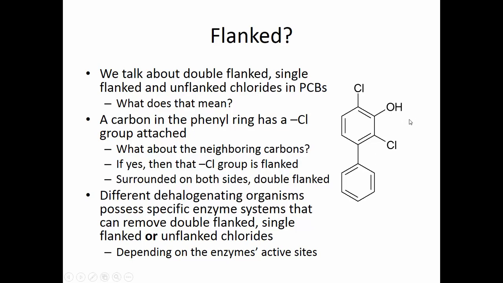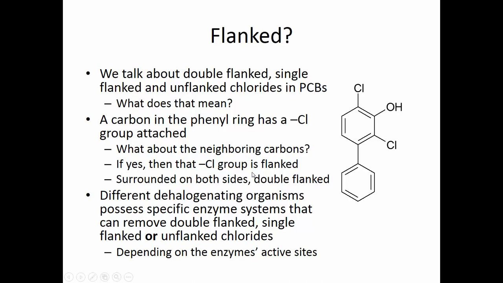This hydroxide is double flanked. It's got things on both sides. These carbons, the ortho and the para carbon, this is the meta carbon, these are both chlorinated. They're both halogenated. And so this hydroxide is double flanked because it's surrounded on both sides by different things.